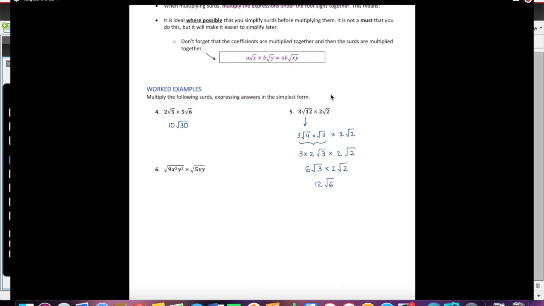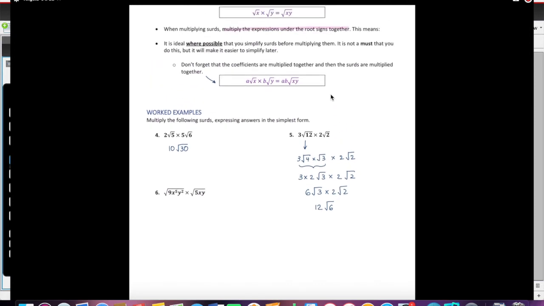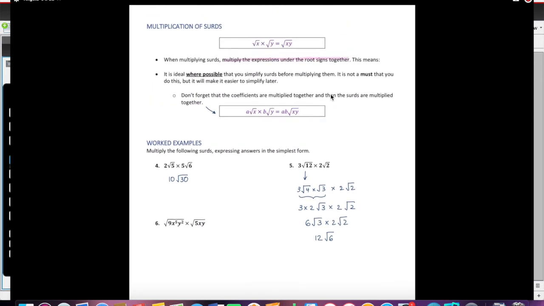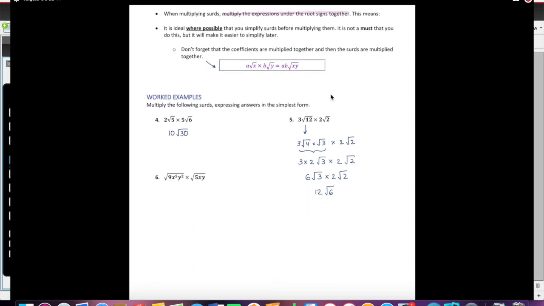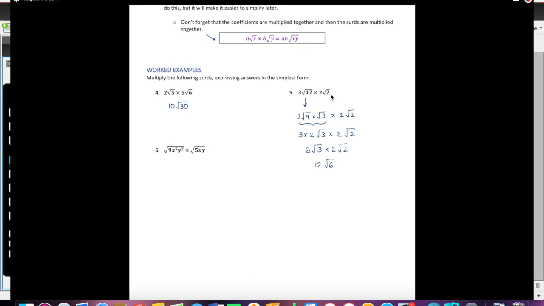Now, the other way you can do this question is by following the first rule, which is root x times root y equals root xy, and then simplify your final answer from there. So let's have a go at doing that. So this is option 1. Option 2 is to go, all right, so 3 times 2 is 6. And then root 24, so that's 12 times 2.